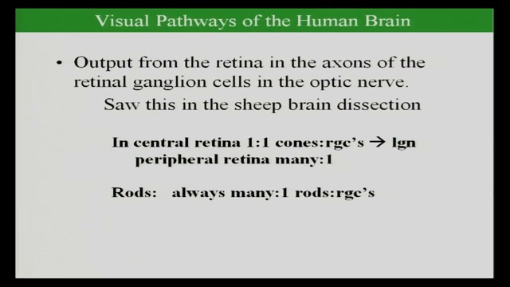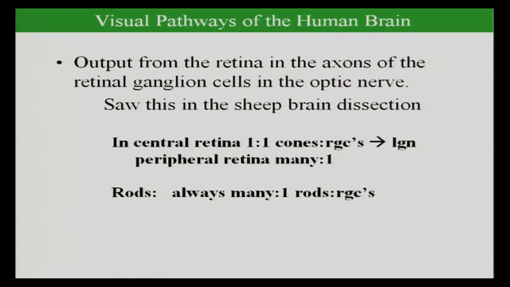So the output from the retina is in these axons of the optic nerve, and you saw this in your sheep brain dissection. We discovered earlier on that in central vision, where we have the most acute vision, we have one cone going to one retinal ganglion cell.